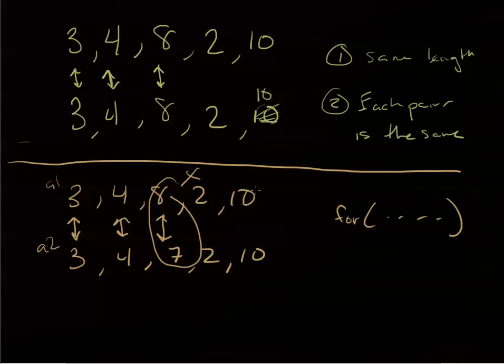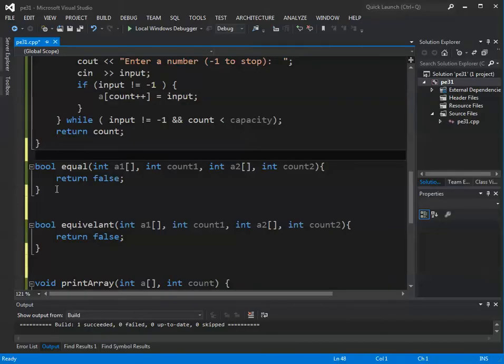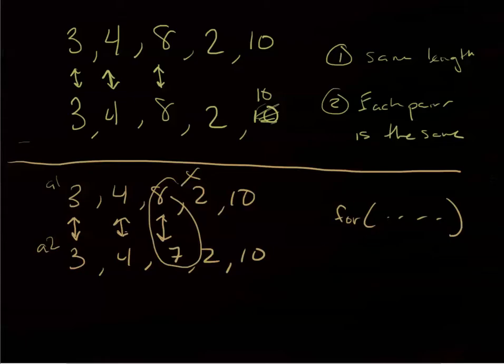And if we think back and look at what equal returns, it returns a Boolean. So as soon as we find an element that's mismatched with its corresponding element, we can return false. If we do that, what we'll call this is return early, or early exit.